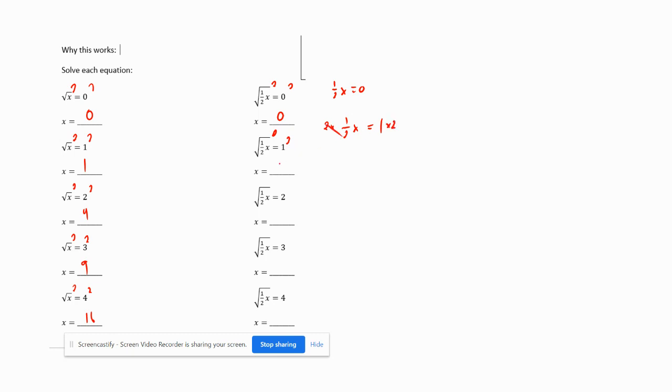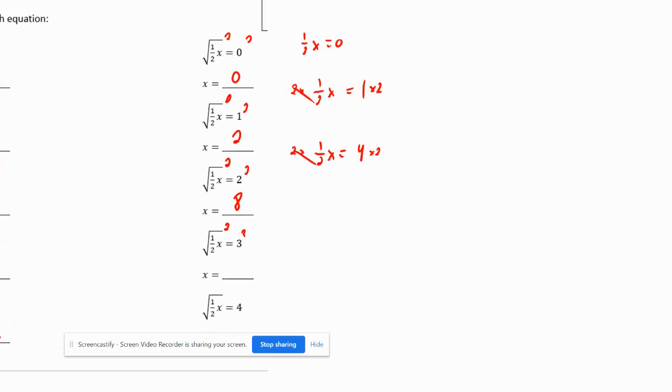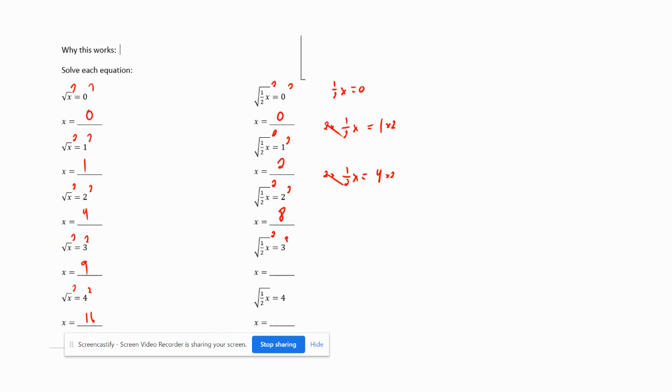Same thing here. If I square, I get 1/2 x = 4. If I multiply times 2, 4 times 2 is 8. Square, I get 1/2 x = 9. So the reason we're multiplying by 2 is in this step right over here.